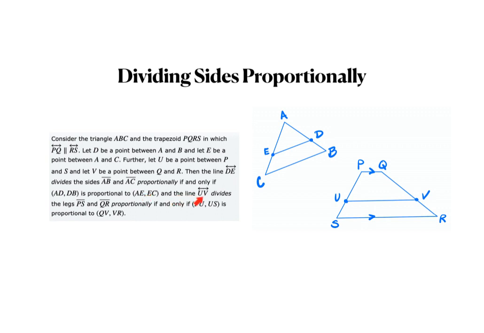And the line UV divides the legs PS and QR proportionally if and only if the ordered pair PU, US is proportional to QV, VR. And again, corresponding parts are in the same ratio.